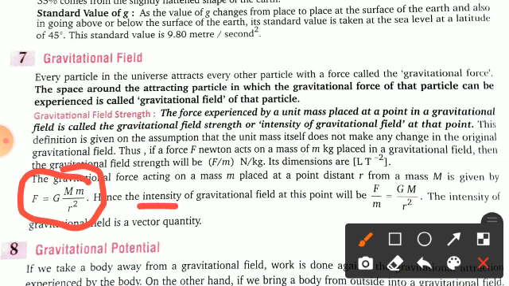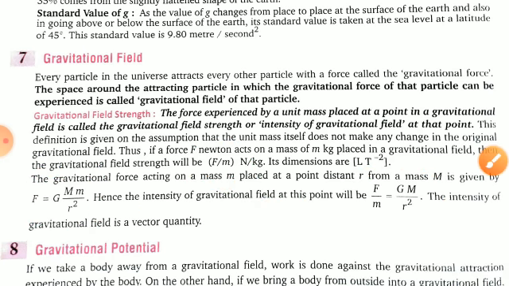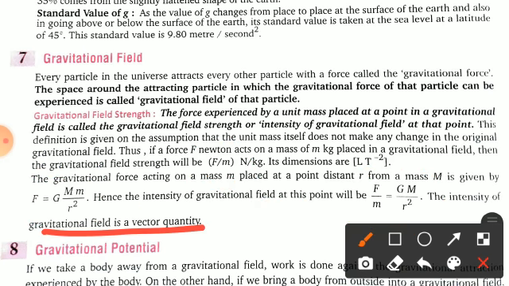So the intensity of the gravitational field you can write like this. You put the value of F in place of F upon m in this formula. So what you get here is F upon m equals GM by r square. This is the intensity of the gravitational field. And as you know very well, the gravitational field is a vector quantity.